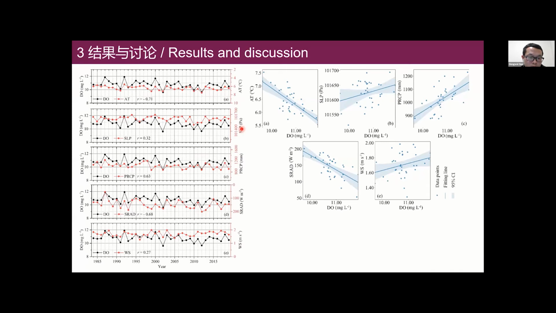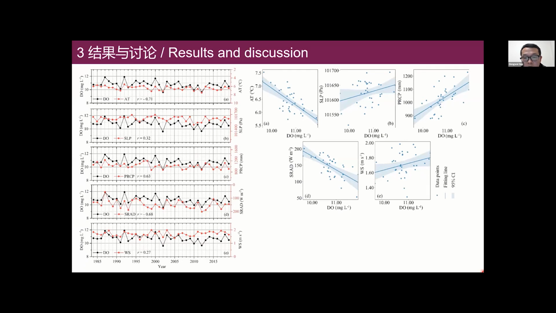The main reason was that the sea level pressure and the wind speed of Lake Huron fluctuated in very small ranges. Here we can see they fluctuated in very small ranges, and such narrow fluctuations had relatively limited impact on DO.